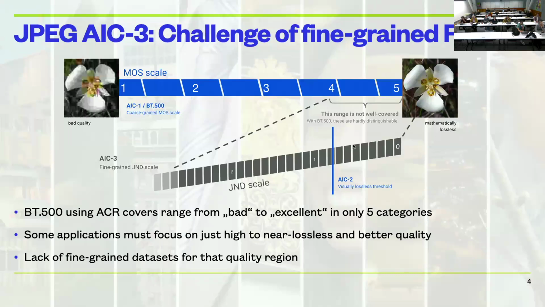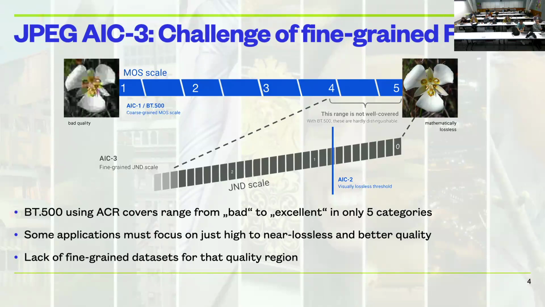And ASC2, by the way, is a threshold somewhere below 1 on the J&D scale, where the flicker test indicates visually lossless compression. Visually lossless does not mean that it is impossible to see a difference. People can still see it, but the probability that people see it is only 50%.